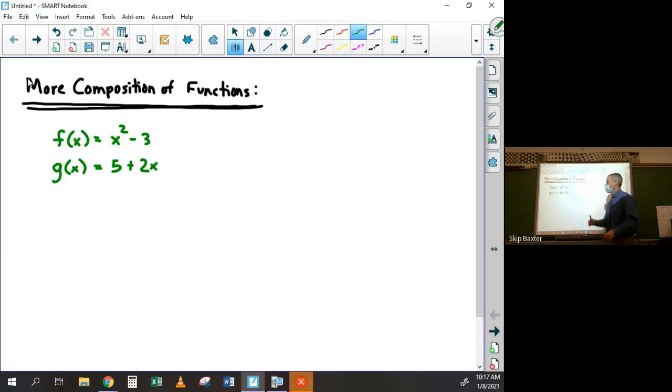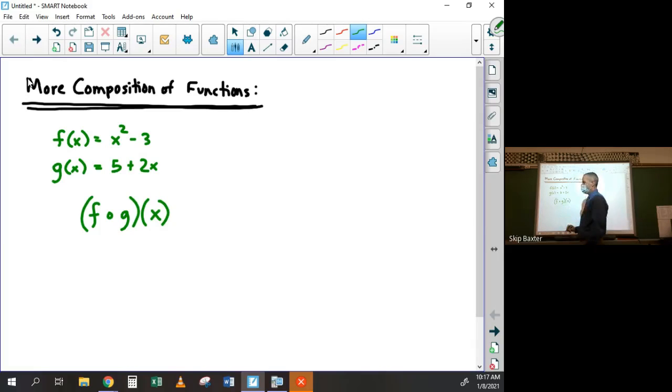For example, I could find f composed with g of x instead of f composed with g of 2 or -1 or whatever. Instead of that being an actual number, I could just have it be x. That's all there is to it.